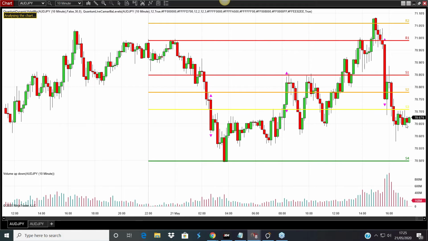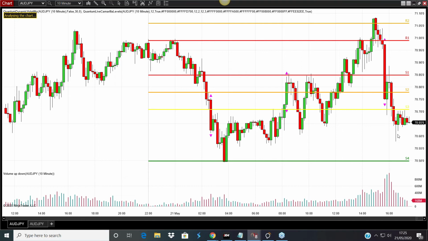We can see here what's happened. It's actually gone into a consolidation. Volume has actually fallen. Could be the time of the trading day, and also it's hit this resistance here. So there are other factors involved. You can't just go off one individual signal. It's a good signal in as much that if you were short this and you see this come in, you could possibly use it as an exit, because you think, that move has now come to an end.